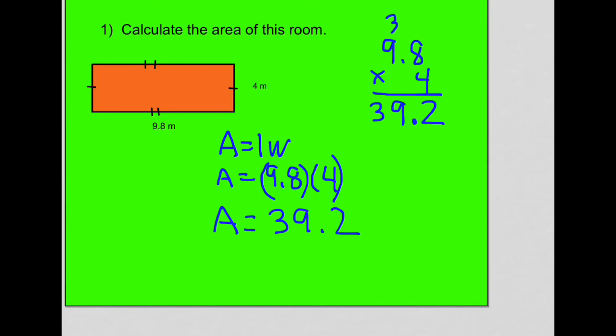So 39 and 2/10 meters squared, I would write as 39 and 2/10 with the meter symbol and then the exponent 2, indicating that there are 39 and 2/10 squares. So these guys that would cover that space, and they would all be 1 meter length on their sides. That's a pretty big area when you're talking about meters squared. Now we'd be talking about a gymnasium or something like that.